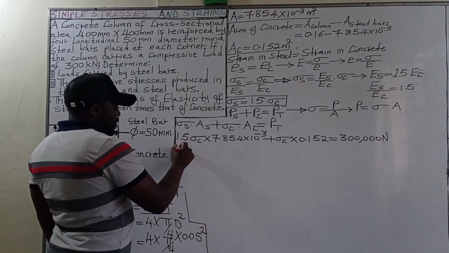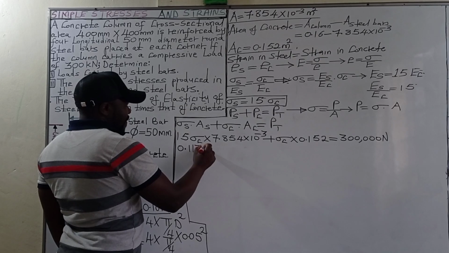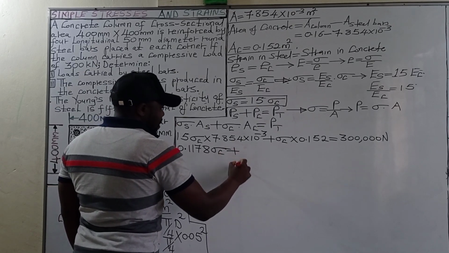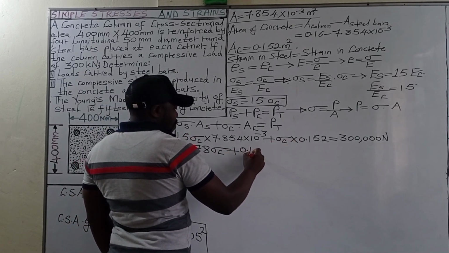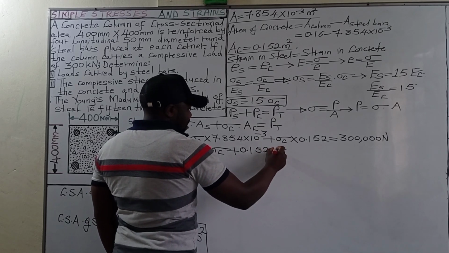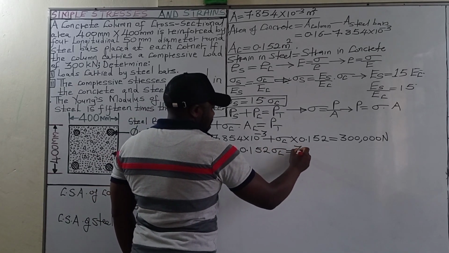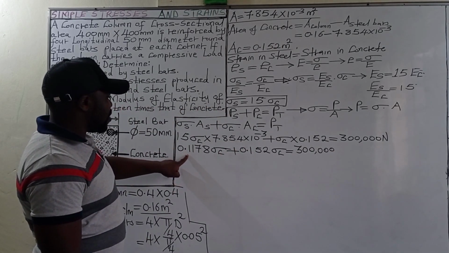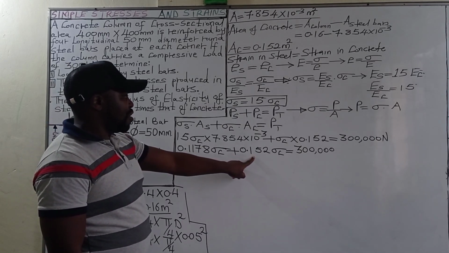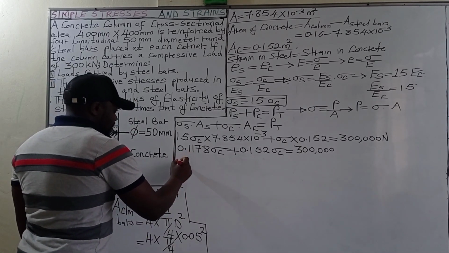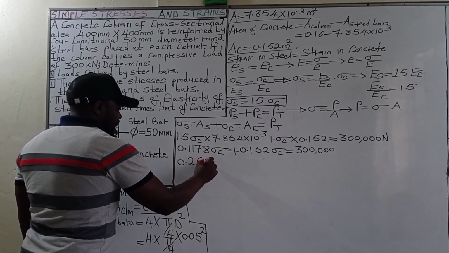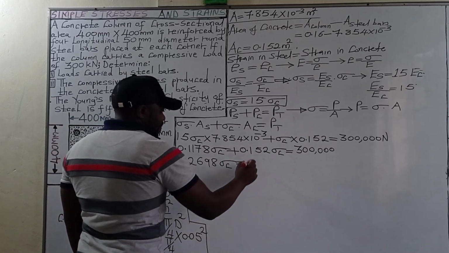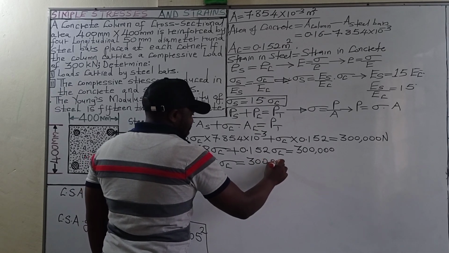Now, when we multiply 15 by 7.854, we are going to have 0.1178 multiplied by the stress in concrete, plus 0.152 times the stress in concrete, equals 300,000 newtons. So when you add 0.1178 plus 0.152, that will give you 0.2698 times the stress in concrete, which will be equal to 300,000.